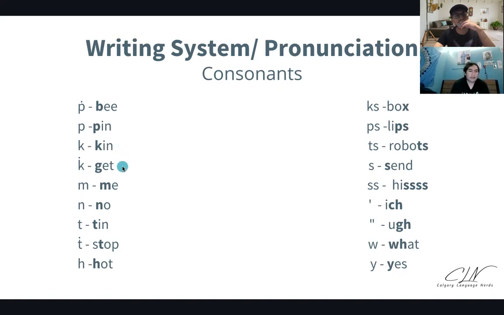Then the next symbol is a K with a dot on top, and that's pronounced as in the word get. You can pronounce it like gi.